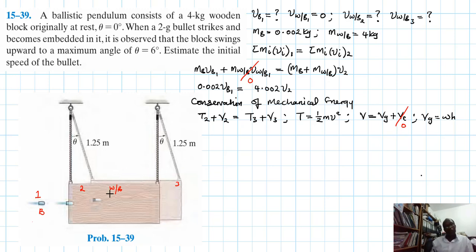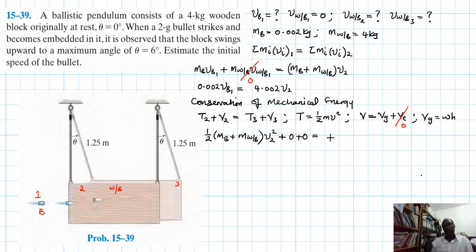Where we have this block, I mean the bullet embedded in the block. So we'll say half MB plus MWB times V2 squared, plus the gravitational at this point is 0, the elastic also is 0.